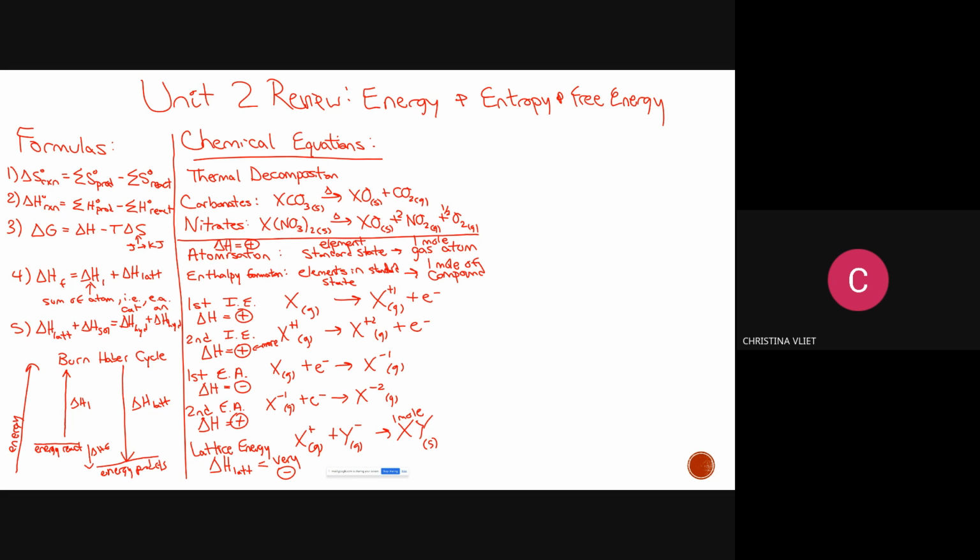The next set is going to talk about your enthalpy of hydration and your enthalpy of solution. So, enthalpy of hydration equation. This is where you take your gaseous ion and you dissolve it in water. So you have a different equation for your cation, you should write this, and then you have a different equation for your anion.